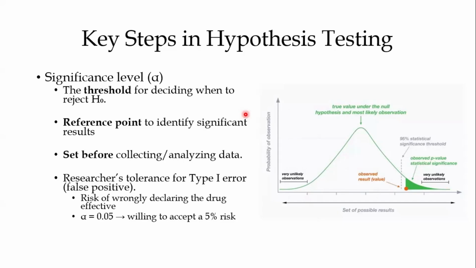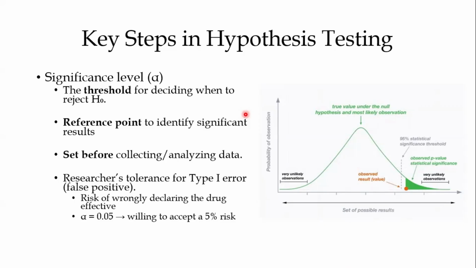So the significance level often infers that this researcher is willing to accept up to perhaps a 5% risk that you're going to declare that drug to be effective while in the first place it is not effective.